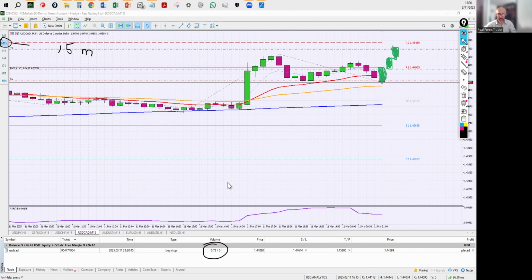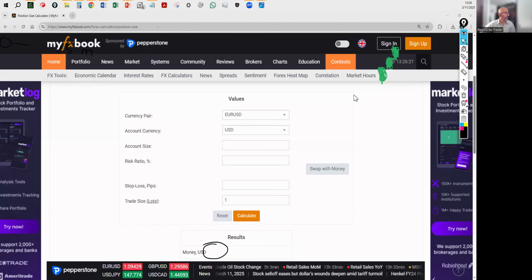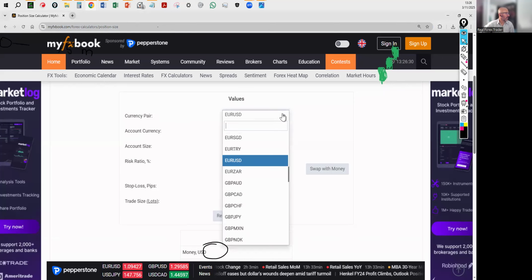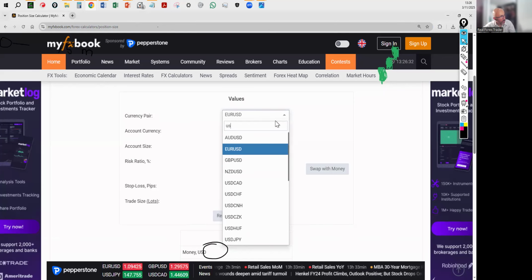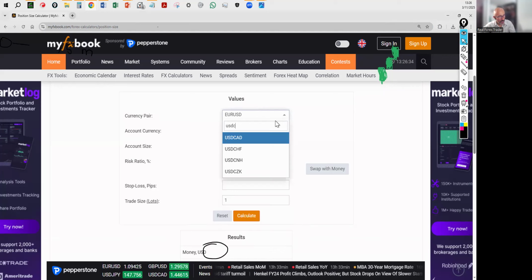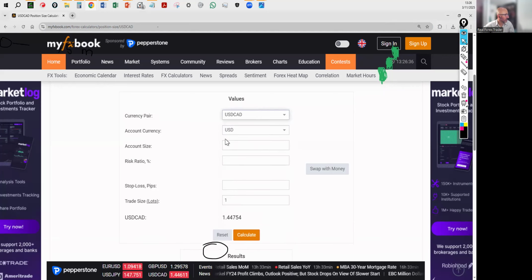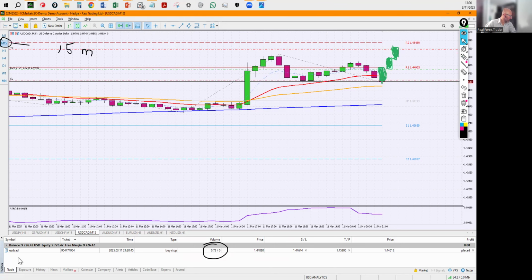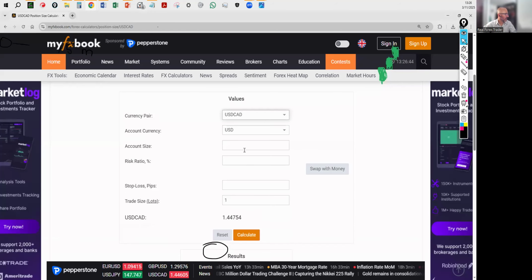So go to the link, I'm going to post this website, access it as well. This is American dollar versus Canadian dollar. What is my trading capital? What is my capital here? 9,726.